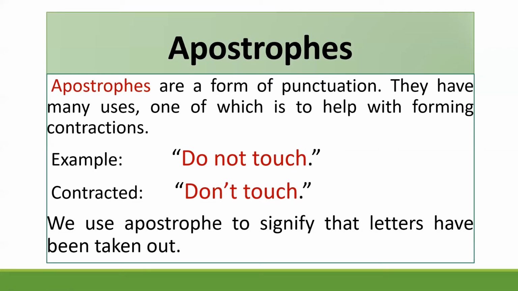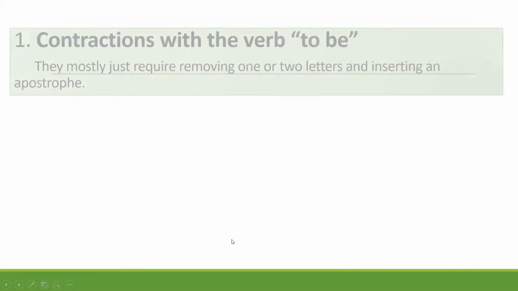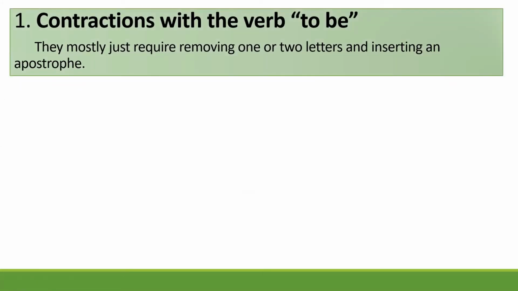Yes. Okay, so now let's move on to the types of contractions. First, we have contractions with the verb to be. This is the most basic, the most straightforward, the most simple.